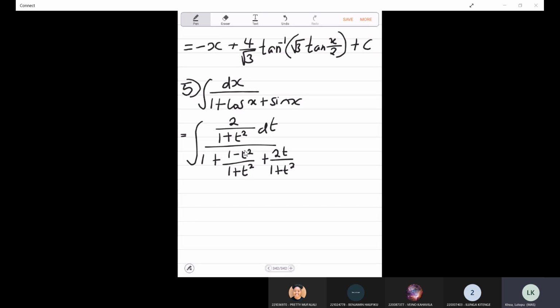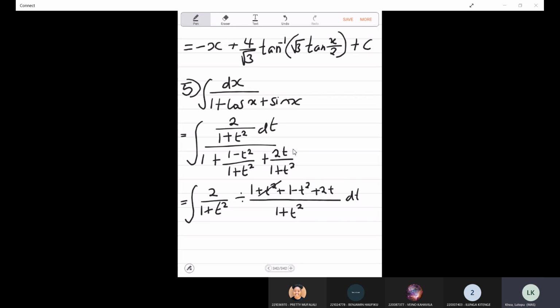Okay, so what we're integrating is 2 over 1 plus t squared divided by, when we combine this fraction, 1 plus t squared plus 1 minus t squared plus 2t, all divided by 1 plus t squared, dt.